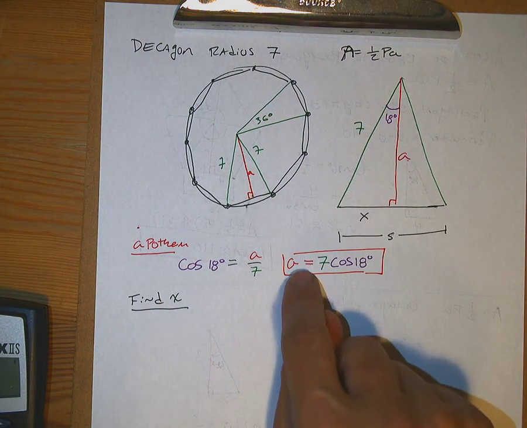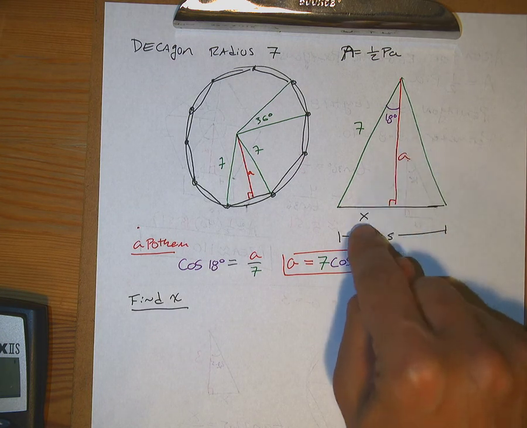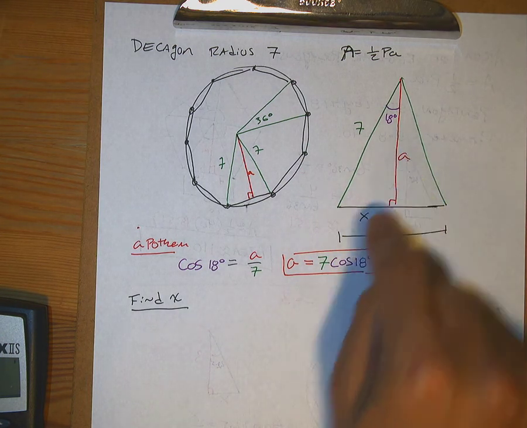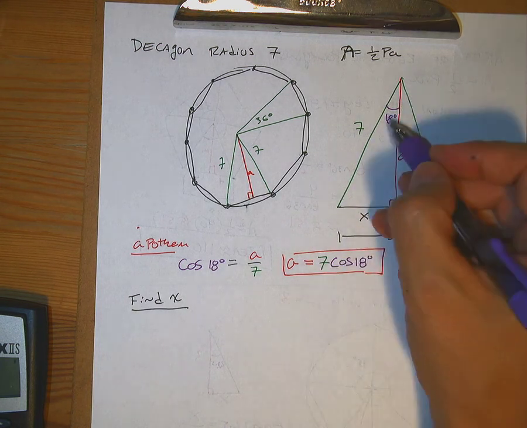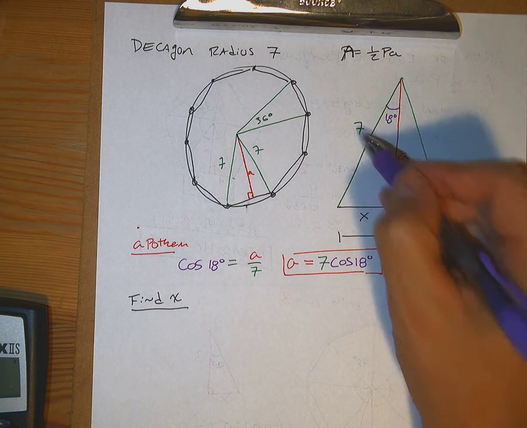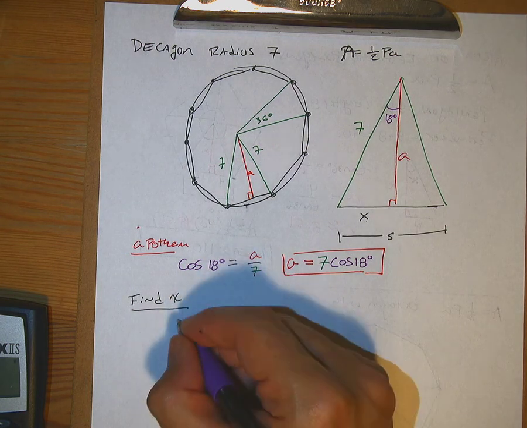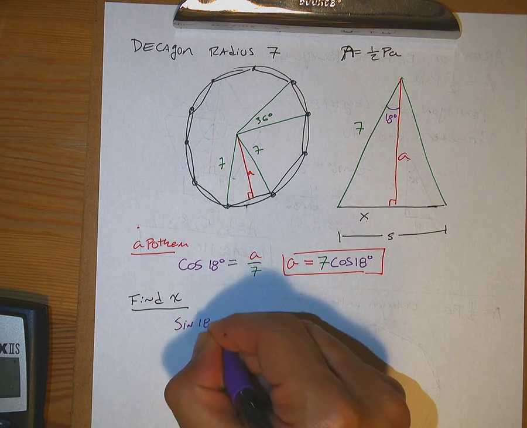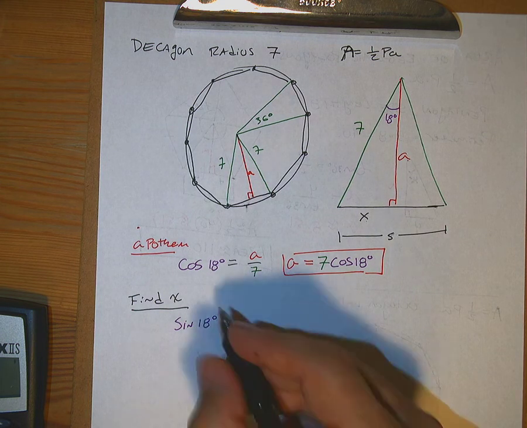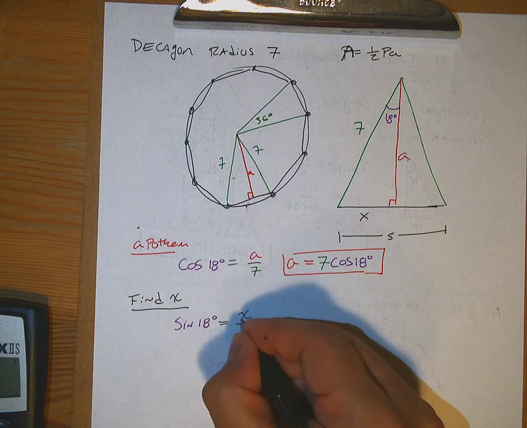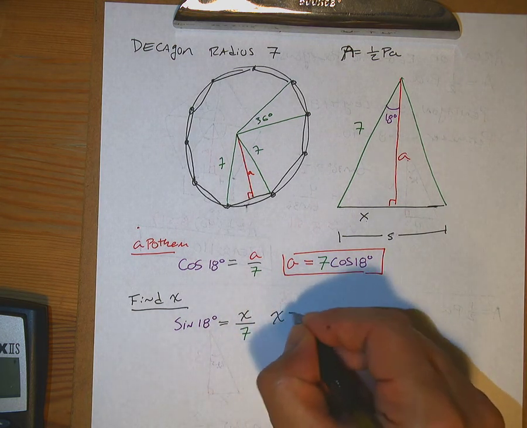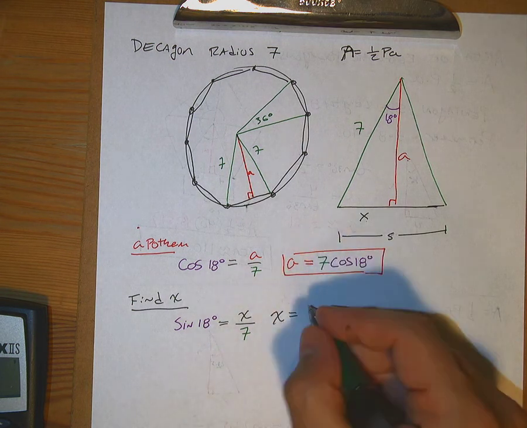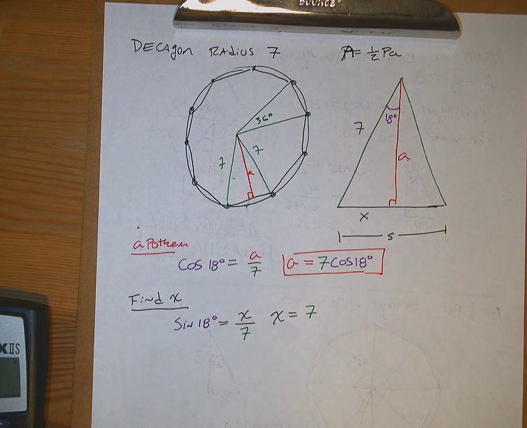By the way, I could find a and do the Pythagorean theorem to find x, but again, that would introduce a little bit of rounding error, so I'm going to just keep going the way I am. 18 is the opposite, and I have the hypotenuse exactly, so this time I'm going to use sine of 18 is the opposite, which is x, over the radius, which is 7, and that means that x is equal to 7 times the sine, this time, of 18.